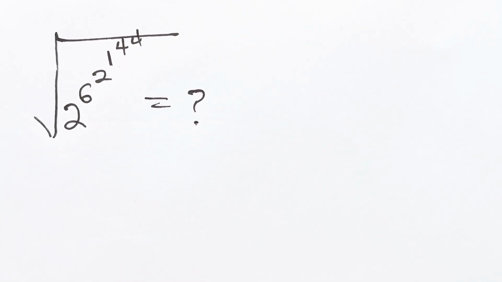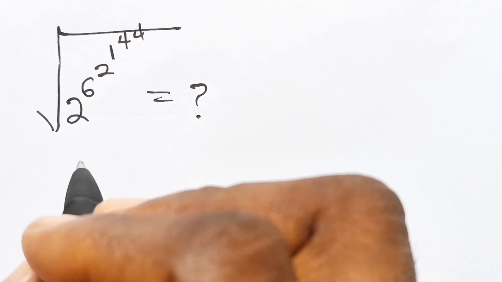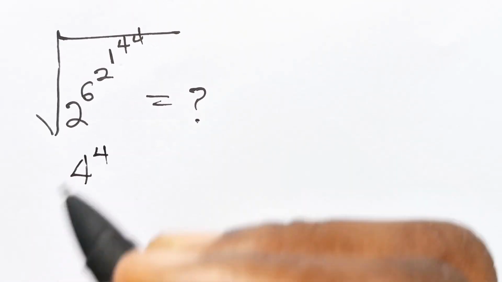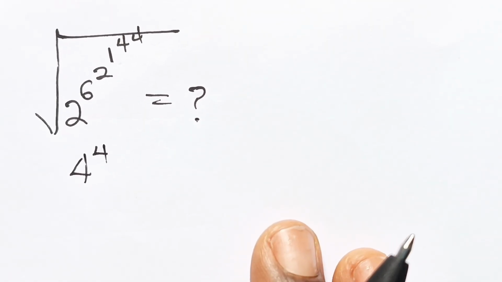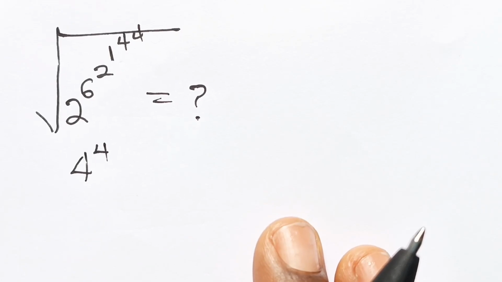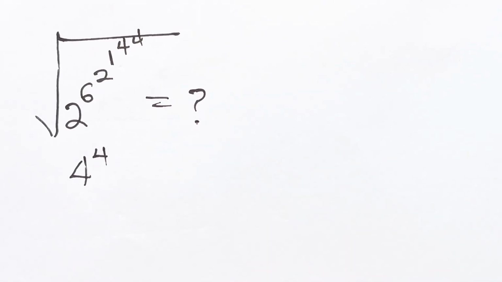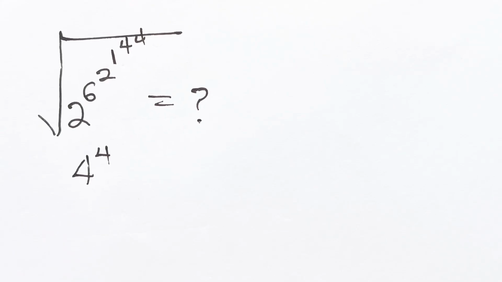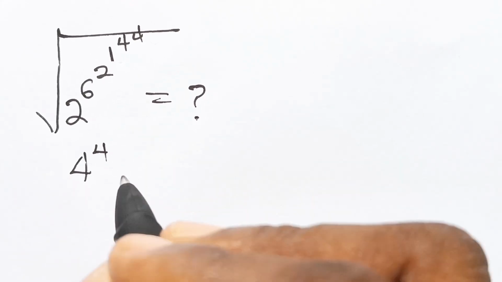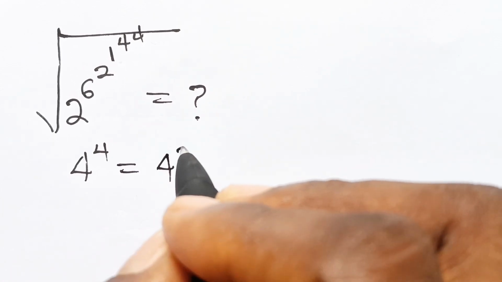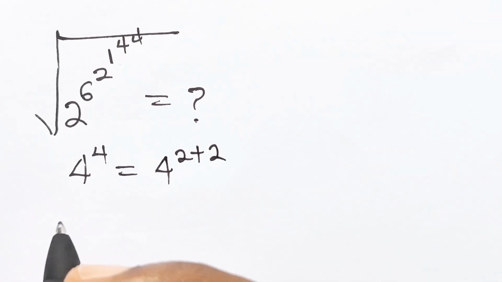Now, we are going to start with 4 to the power of 4. Remember that we are asked not to use our calculator, so we always try to simplify this in a way that we get our solutions easily without stress. This is the same thing as 4 to the power of 2 plus 2.